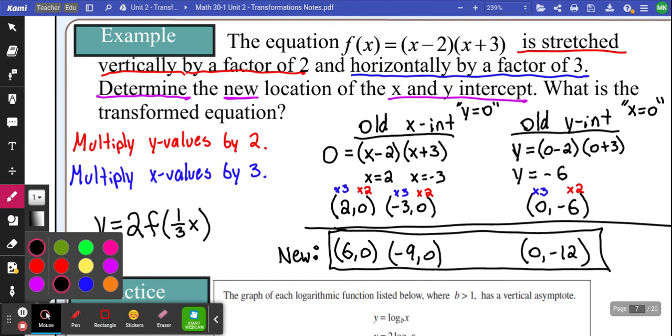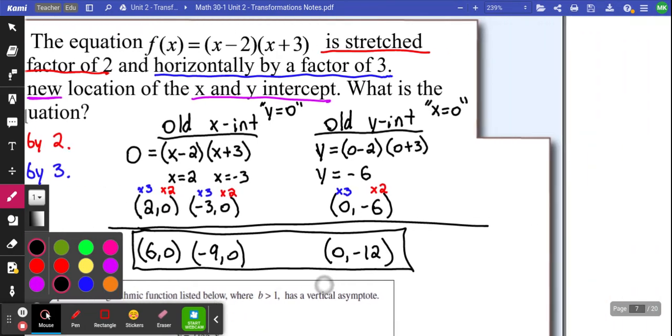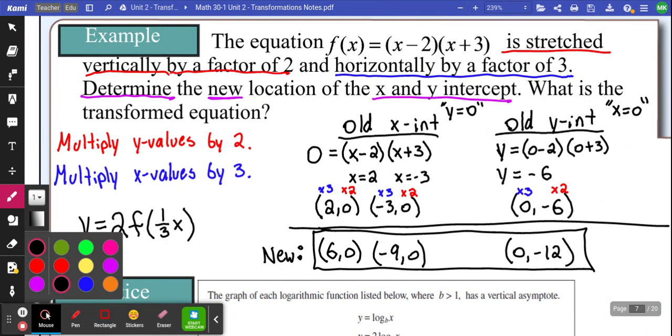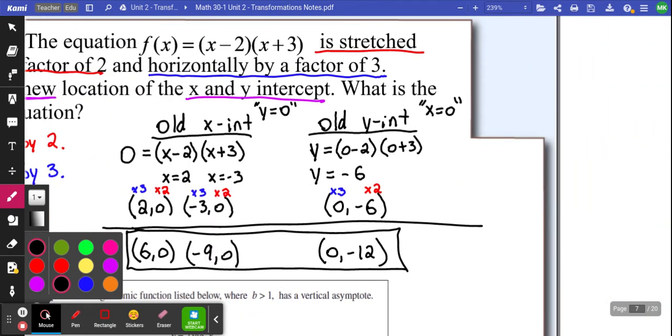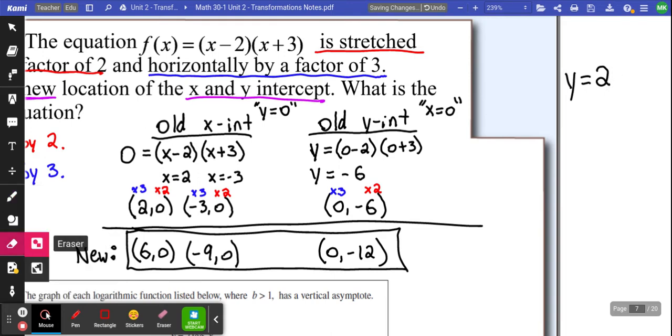So what is the transformed equation? Hey, good call, but I used all my space. So what is my new equation? So my transformed equation looks like this: 2 f of 1/3 x, like I had over there on the other side.